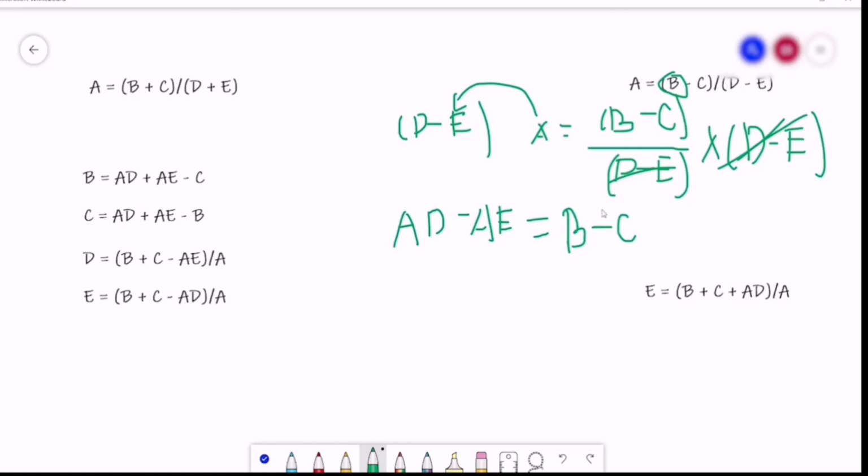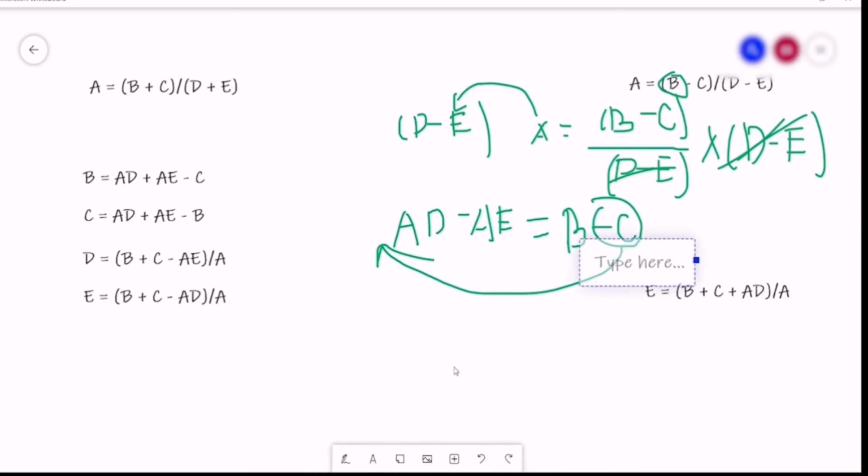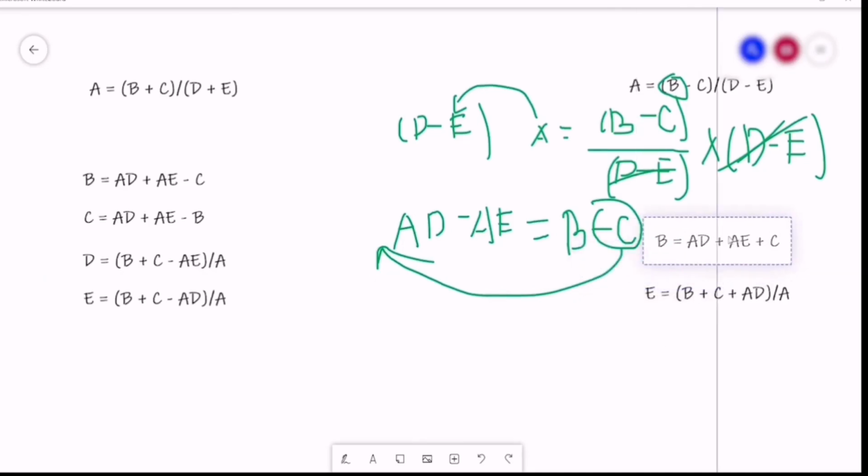Right, now since b is missing, we have to move c towards the left side of the formula, causing it to become positive. And our resulting formula would then be b equals c plus ad plus, I mean ae. We can also move that c here on the last part after ae. And there we have it. So b is equal to ad plus ae plus c.